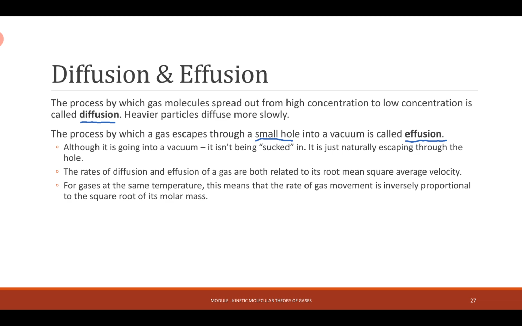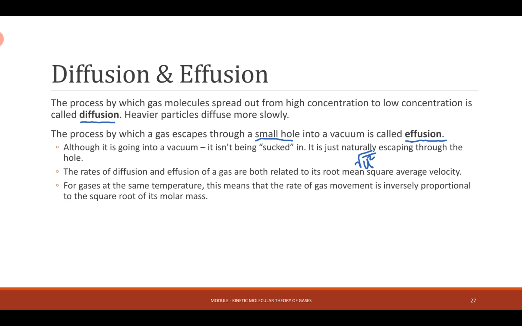And so the rates of diffusion and effusion are both related to that root mean squared average velocity. Remember, we had our square root of the mean of the square, so that was the root mean square velocity. So they're both related to that term.